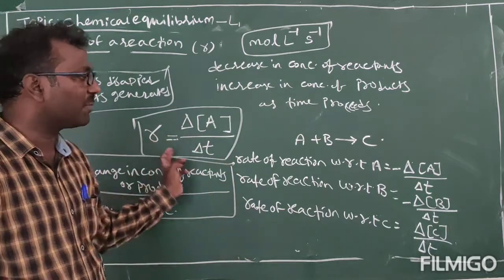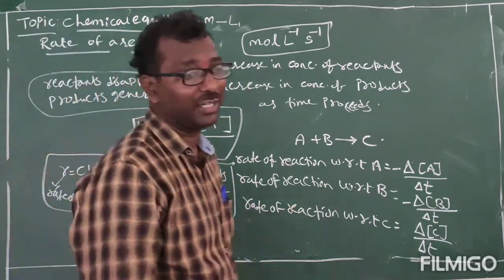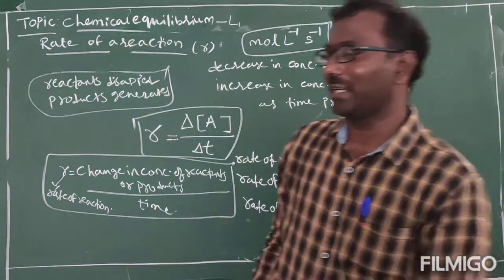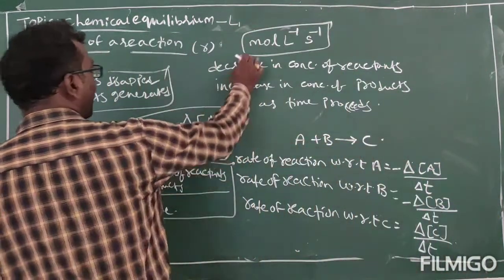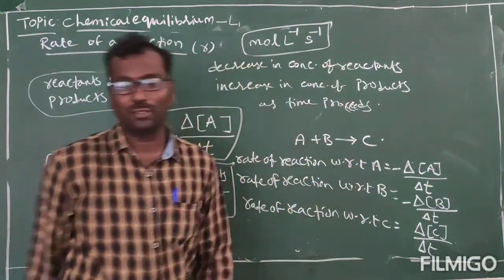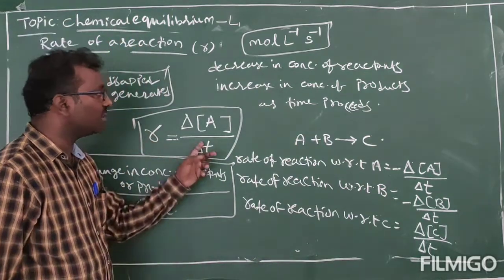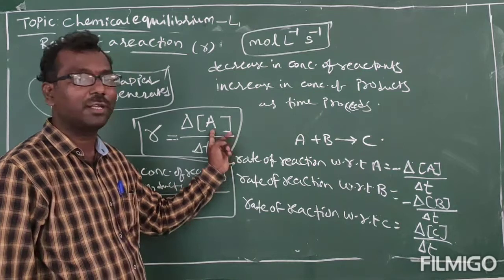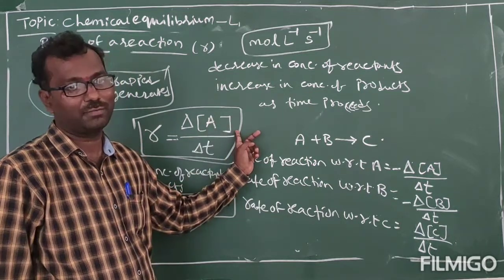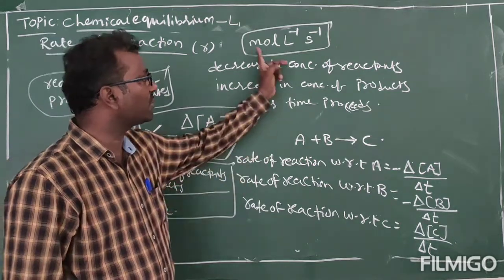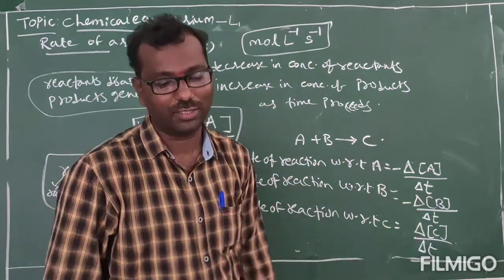Again, it depends upon the order of the reaction, either first order, second order, or third order. Again, these units will change. So in general, the rate of reaction units, concentration is expressed in mole liter inverse with respect to time.